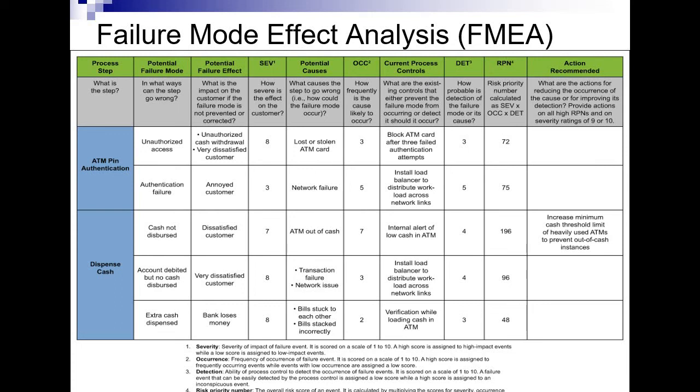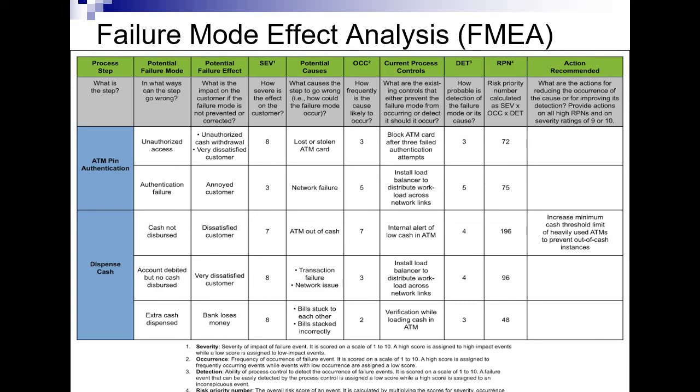So you'll find that the risk priority number keeps on changing with every single risk. So for unauthorized access it is 72, for authentication failure it is 75, cash not disbursed it is 196, account debited but no cash disbursed is 96, and extra cash disbursed is 48.